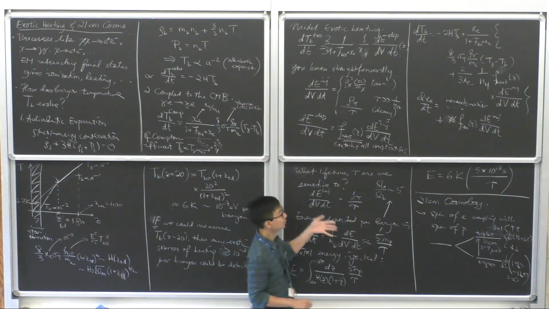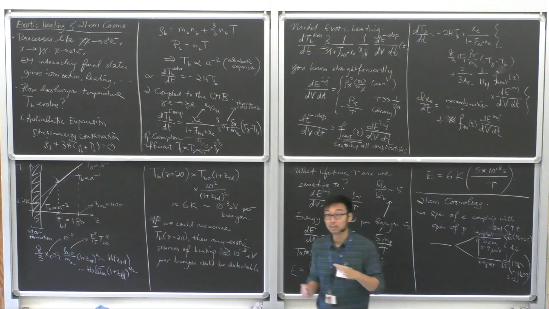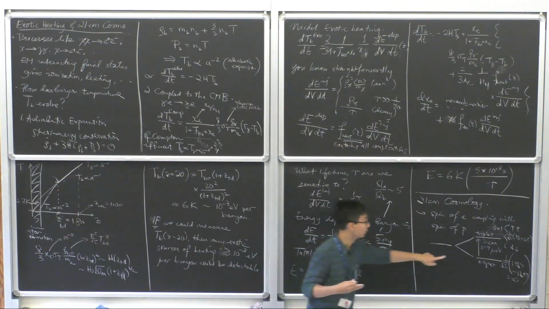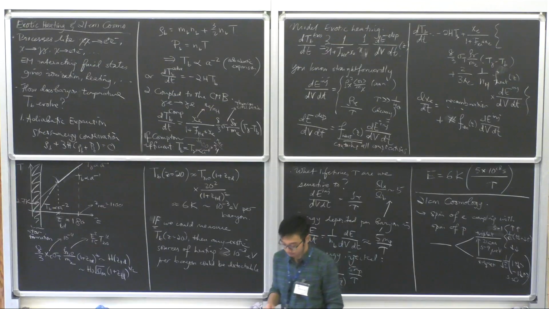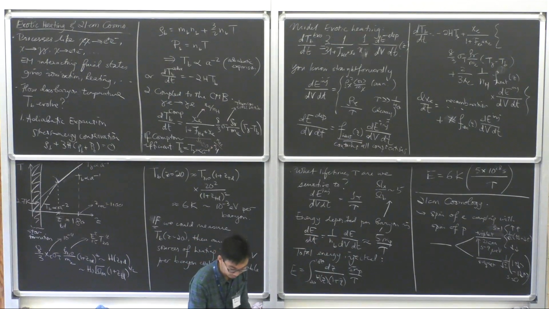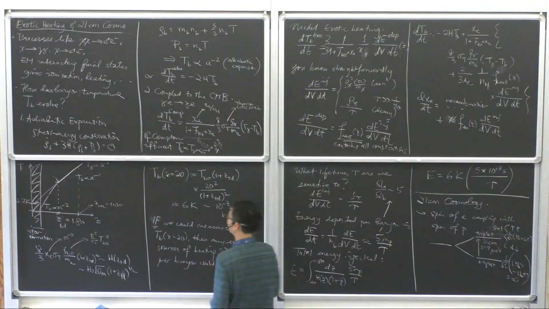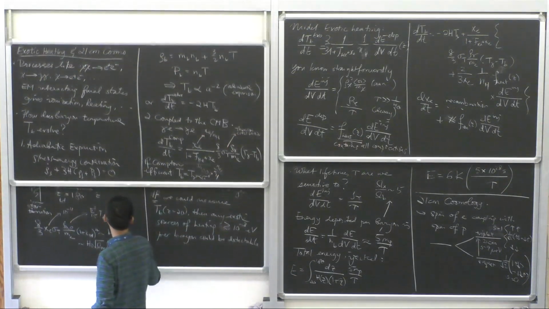Or if you shine a 21 cm photon onto this atom, it can absorb the 21 cm photon and transition from the singlet to the triplet. Okay, so this gives you some line in the spectrum. So that's the atomic physics underlying this.